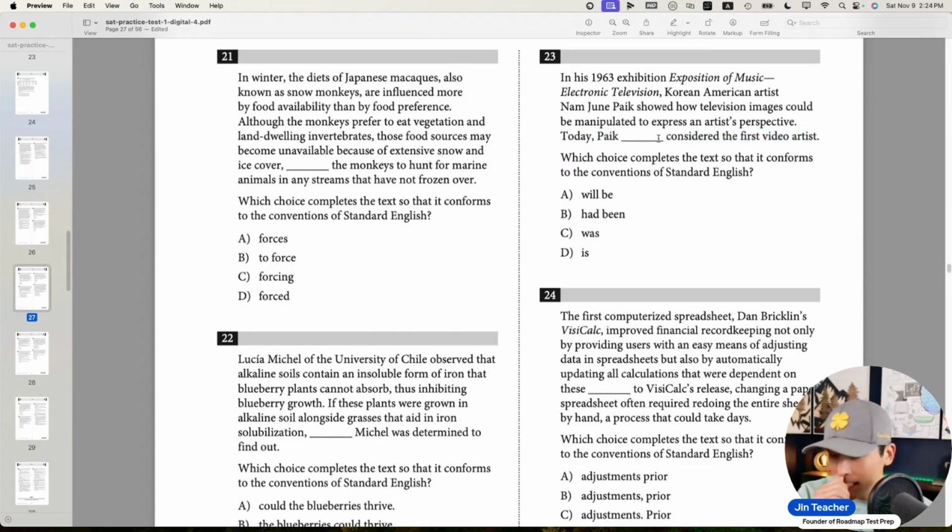Is he going to get rewarded, or honored? Is he going to go to some big ceremony and get honored as the first video artist? No, right? So you don't want to use the future tense here. It doesn't make logical sense based off of what you read. So you know that D would be the correct answer, just using the simple present tense.